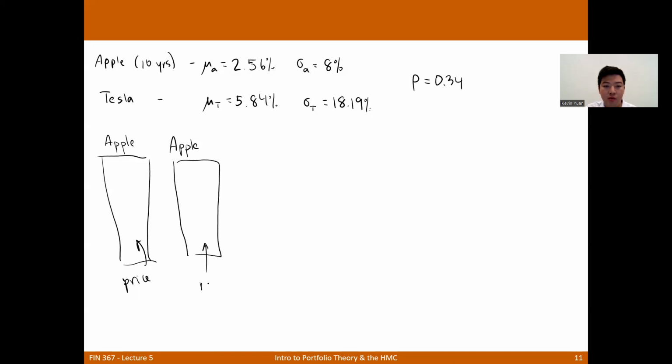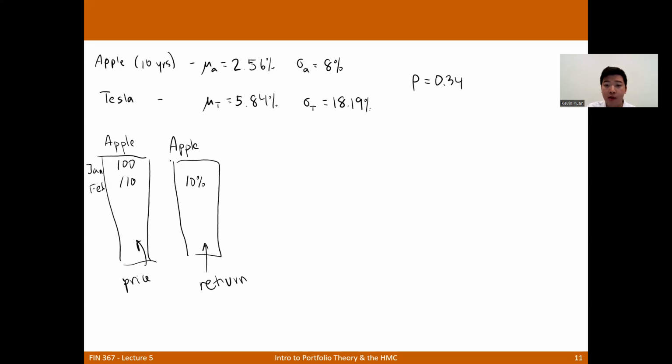If the price here was 100 and then 110, I'm just making numbers up, the return over this particular month would be, let's say this is January and this is February, the percentage change, which would simply be 10%, right? And on Excel, you would just link this formula down. You would just keep taking the percentage returns over consecutive periods. And you would do the same thing for Tesla as well.